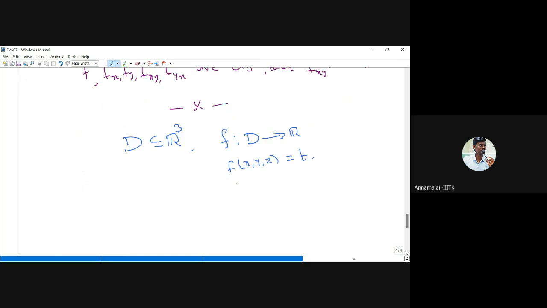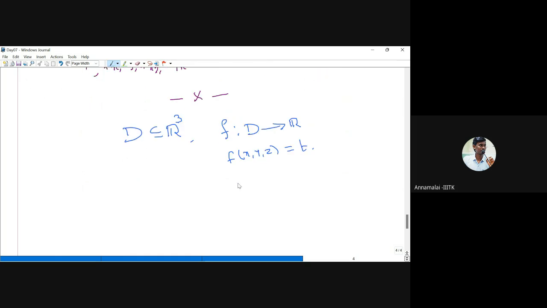Again, what is the limit at a point? It is the same thing. Here there are partial derivatives fx, fy, fz. If these exist, then we say f is differentiable. Now, what is fx at a point a, b, c? We fix the other two variables as constants and differentiate with respect to x. It is the limit as h goes to 0 of f of a plus h, comma b, comma c minus f of a, b, c, divided by h.